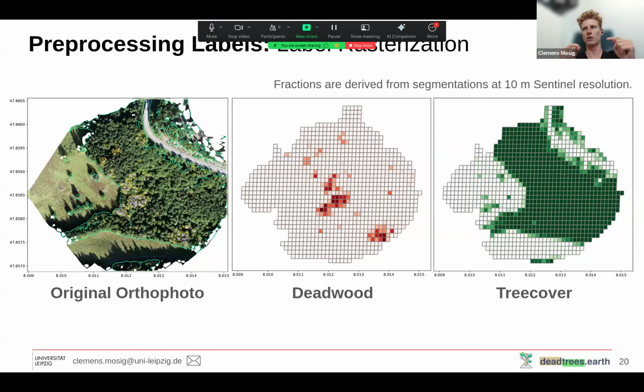So that's at least my explanation for why spatial context here doesn't matter, and also why the convolution or flattening doesn't make any difference: 10 meters is already so large that only what's in this 10-meter pixel is relevant, and everything around that is not information that is relevant for the prediction.